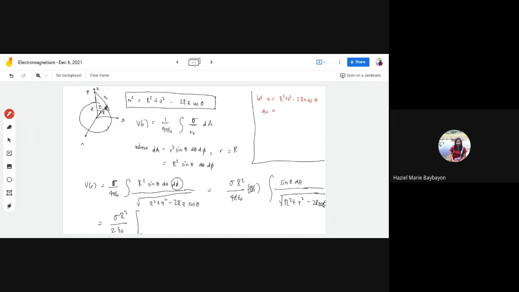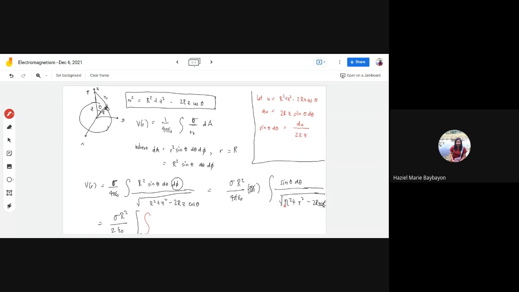So that du is equal to 2rz, you have negative sine theta, or this is just 2rz sine theta. Such that your sine theta d theta is equal to du over 2rz. So substituting this, your sine theta d theta is now equal to du over 2rz.